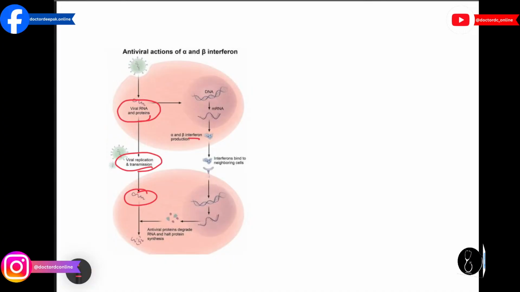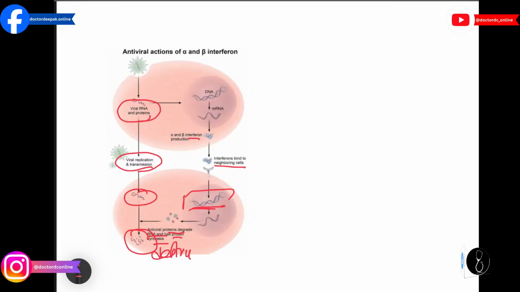The interferon interferes with the RNA and DNA of the viruses, binds to the neighboring cells, and inhibits the production of proteins. For the growth and replication of a virus, they need proteins. There will be degradation of viral RNA, and protein synthesis is halted.